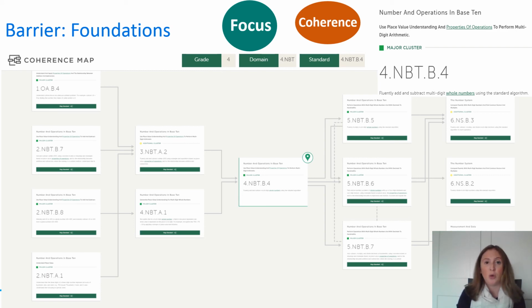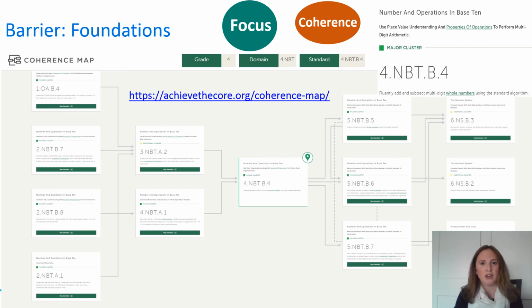Take a moment to walk through the coherence map at achievethecore.org/coherence-map. While exploring, ask yourself what might be a barrier for the student in the skill that we're currently trying to address that I might not have thought of. Pause the video now.